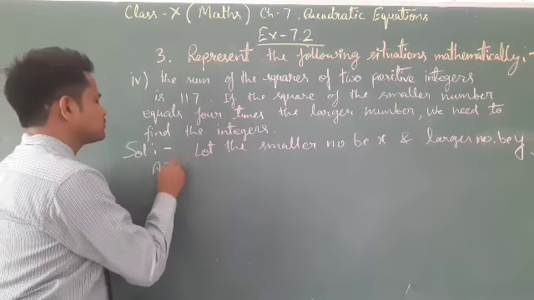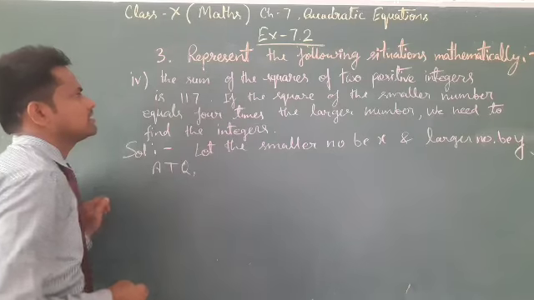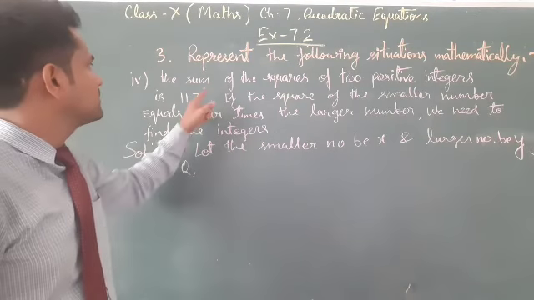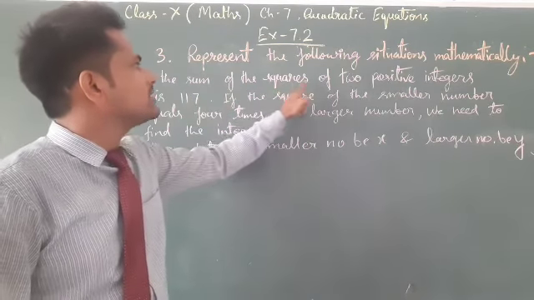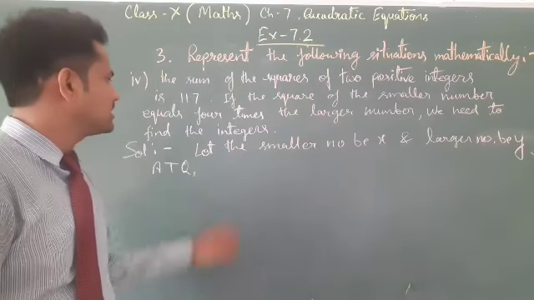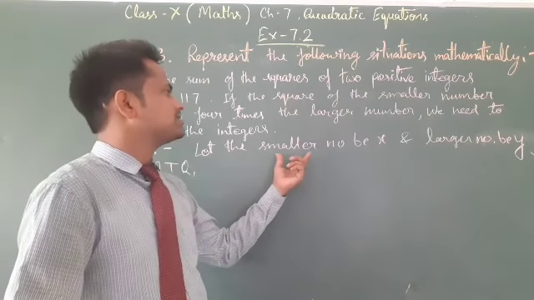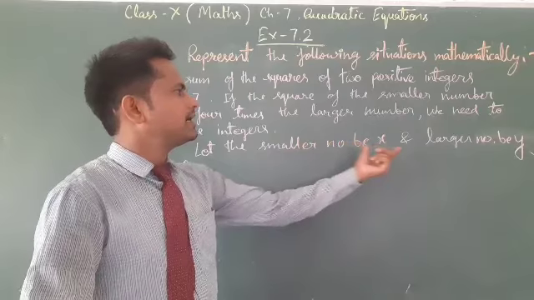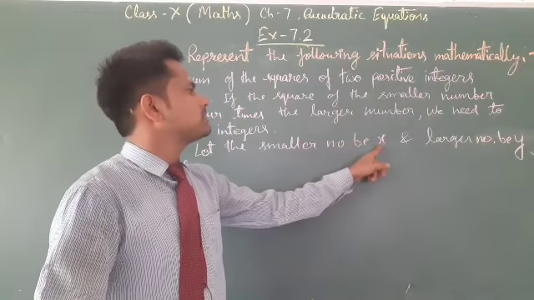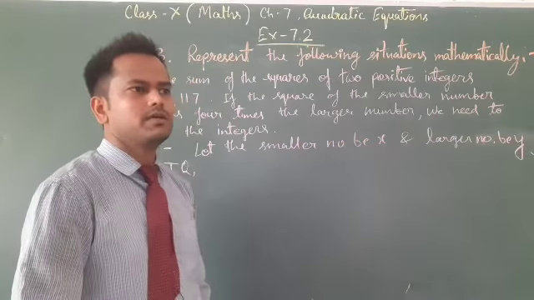Then according to the question, it is said that the sum of the squares of two positive integers. Here the two positive integers are smaller and larger. Let the smaller number be x and the larger number be y.